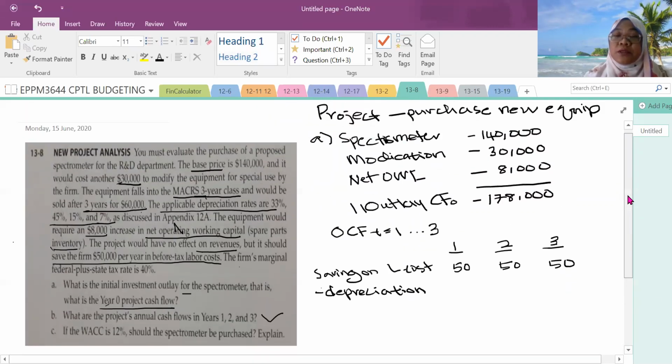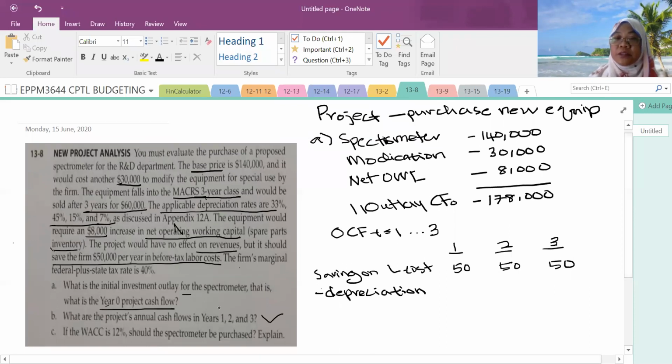Now remember, to calculate depreciation, what we need to do first is to determine the depreciable value. In this case, it is 170,000. Again, why do we include the modification cost?